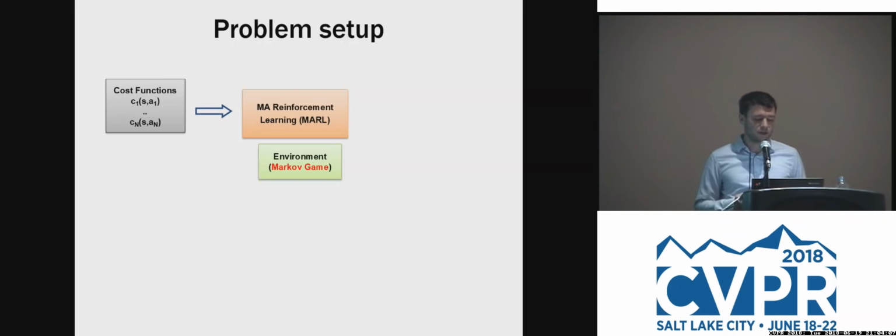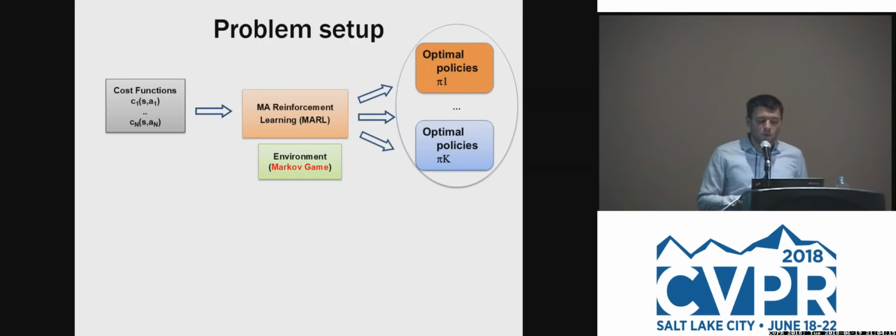So there is not a notion of a single optimal way to interact with the environment, because what you do really should depend on what the other agents do in the environment. So what we need to do is we need to replace the notion of optimal policy with the notion of essentially a Nash equilibrium, which is one way to come up with a solution to this kind of multi-agent setting.